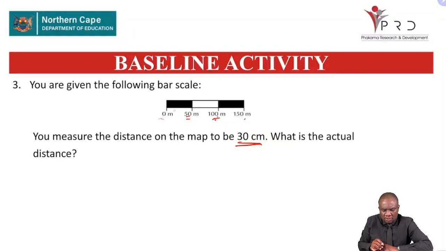Please, you can even pause the video here and draw the bar scale, just a rough sketch, so that you know what we are talking about. Because when I bring the ruler here, it is going to cover these measurements.